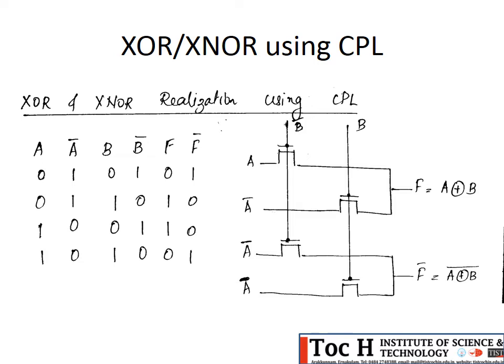Next is the realization of XOR and XNOR using complementary pass transistor logic. Here also we are using the same configuration structure. We are using 4 NMOS transistors only.